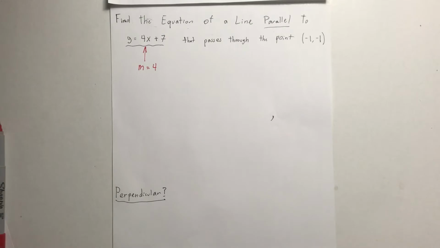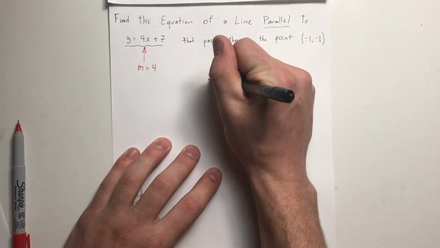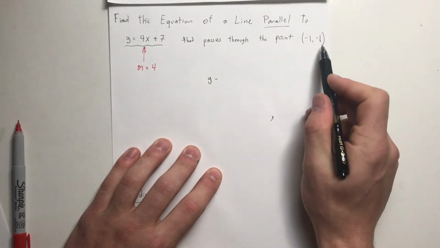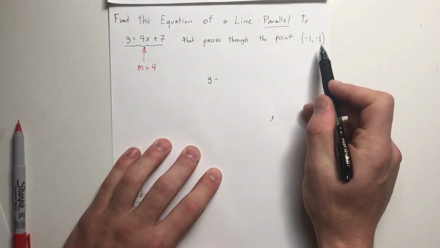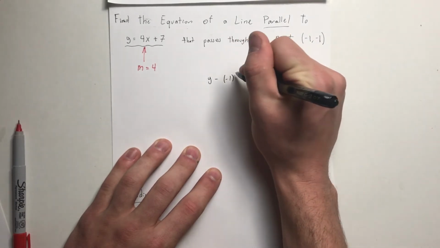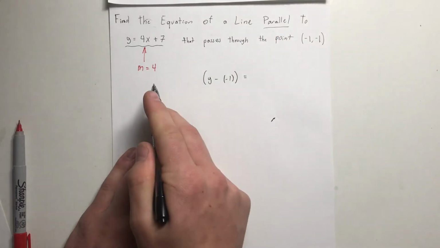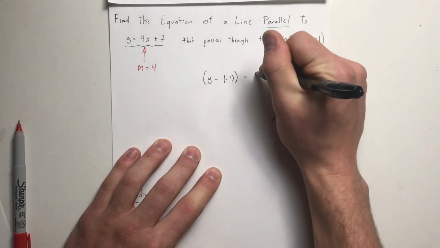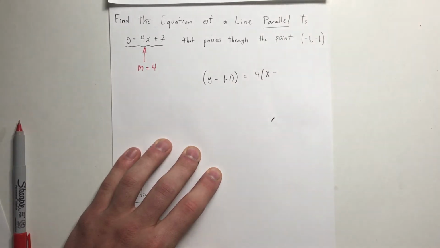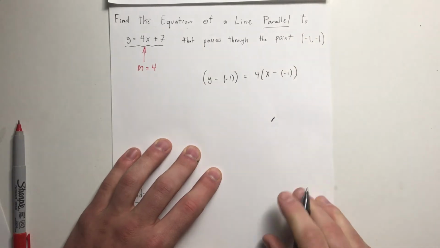So let's go ahead and fill in our point slope form super quick. We know that it's going to be y minus y naught. So our y coordinate of the point that we're given here is -1. So y minus -1 is going to equal our m, right, which is 4 times x minus x naught, and x naught here is also -1.